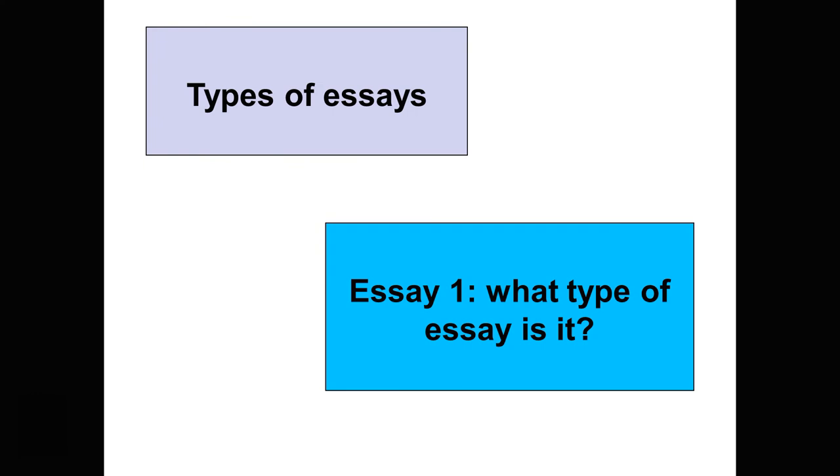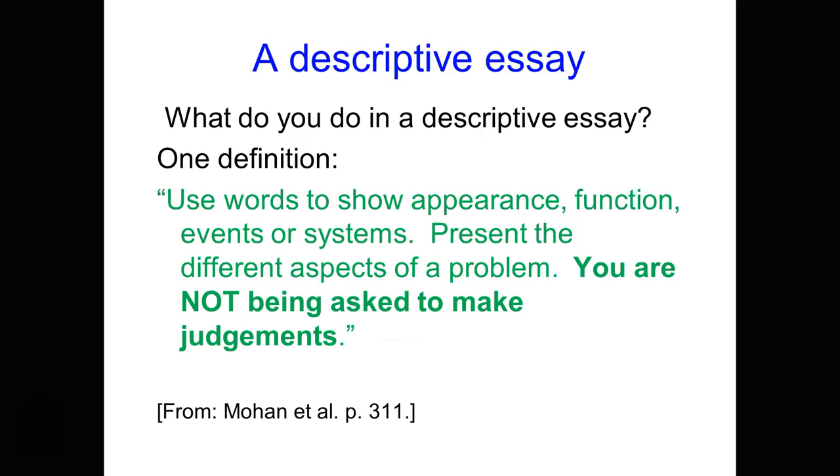In terms of types of essays and what type of essay this is that you're about to write, it is a descriptive essay. So what does that mean? It means that you use words to show appearance, function, events, or systems. Present the different aspects of a problem. You are not being asked to make judgments.